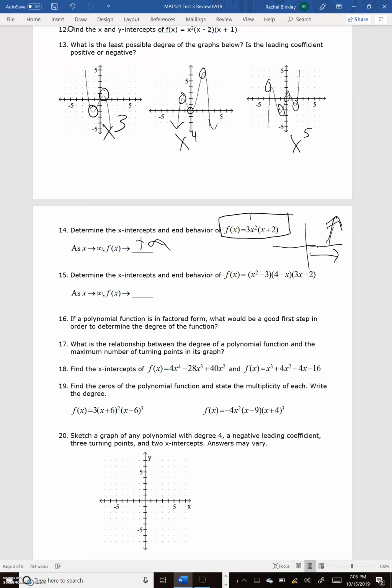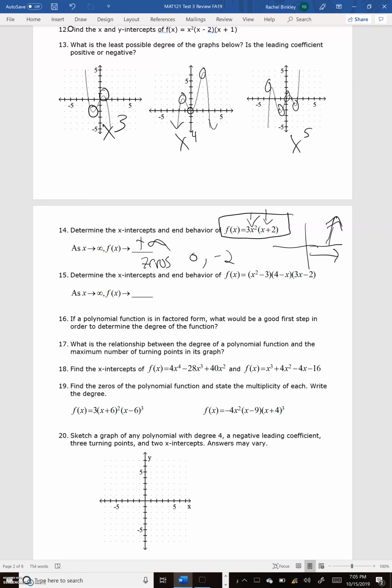And my zeros, what makes 3 times x squared give you 0? So one of my zeros is 0. And when you guys are taking the test, make sure you label this for me. Otherwise, I might think it's a point or something. So these are going to be the zeros or the x-intercepts. And then in here, this one's going to be negative 2. So 0, negative 2.